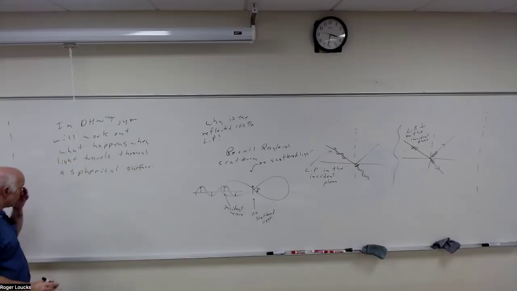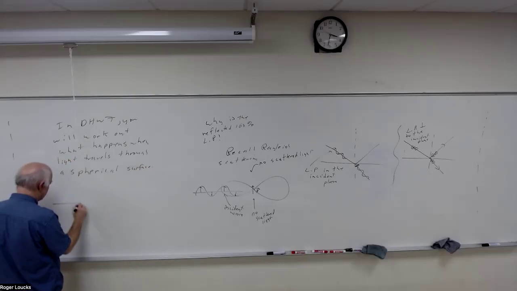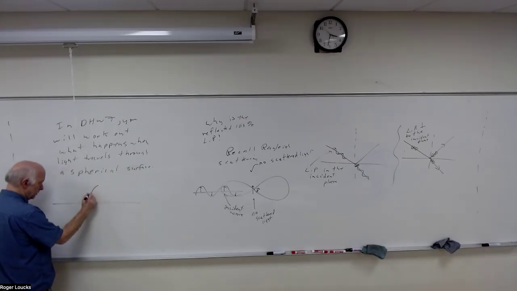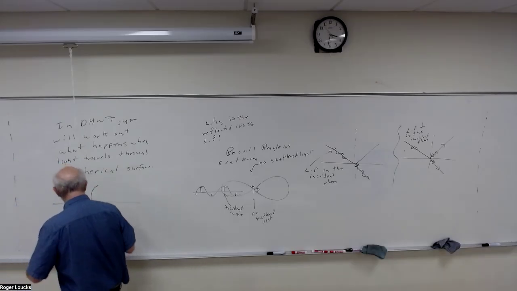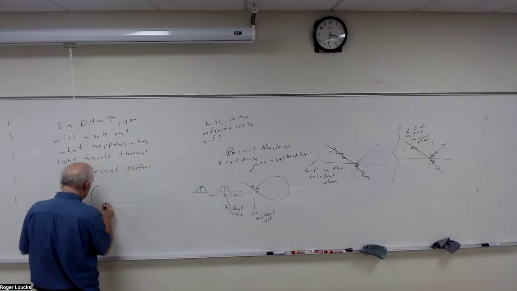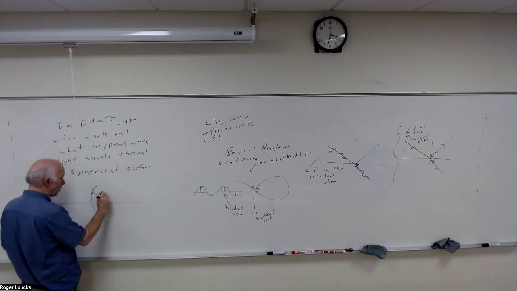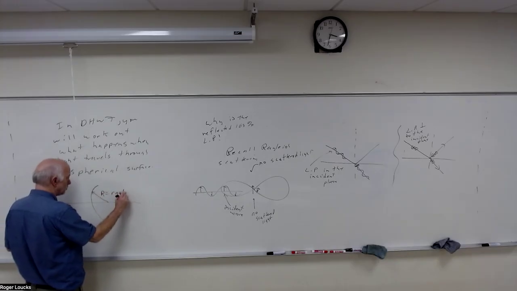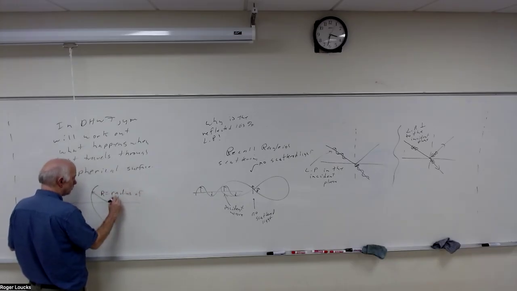So let's see what we have here. This is a sphere right here. Imagine I take a compass and make an arc here like this. This is going to have some radius R. This R is your radius of curvature for the spherical surface.